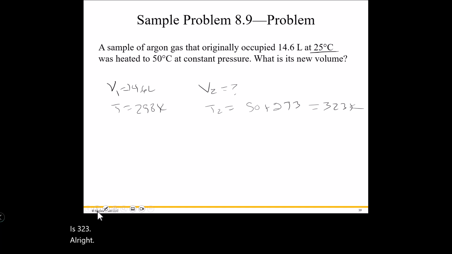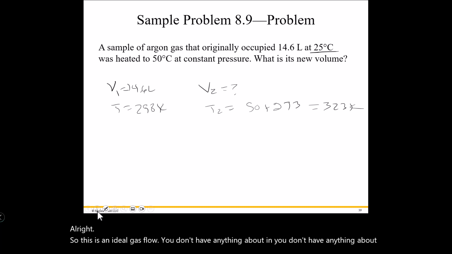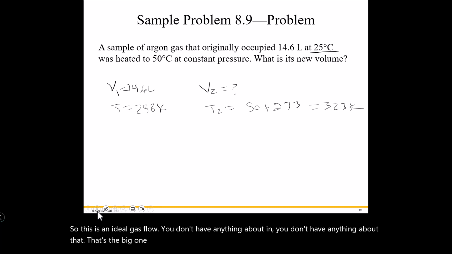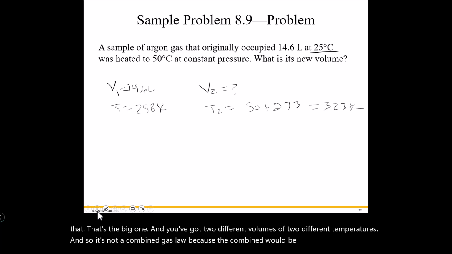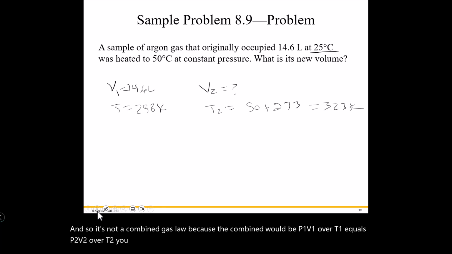So you know this is an ideal gas problem. You don't have anything about n, and you've got two different volumes and two different temperatures. It's not a combined gas law problem, because the combined would be P1 V1 over T1 equals P2 V2 over T2. You don't have as much information as that.